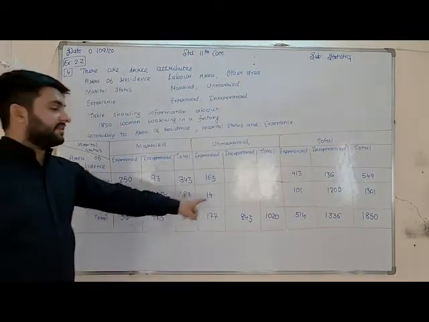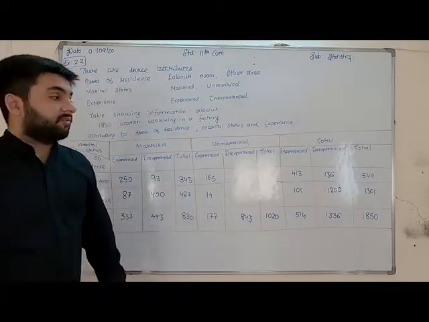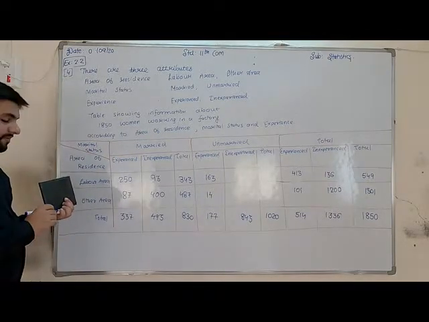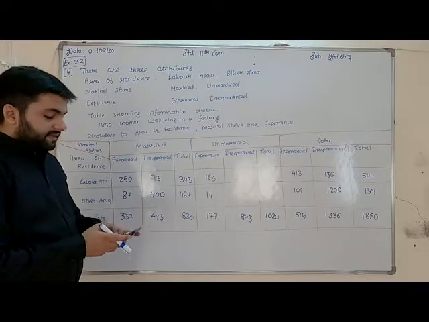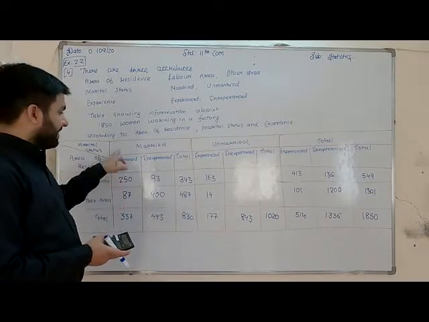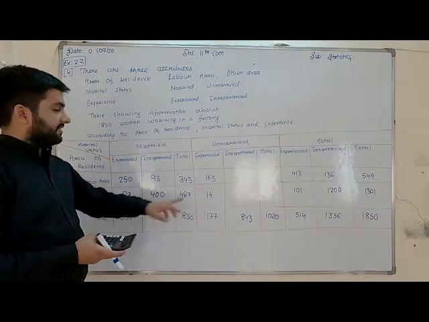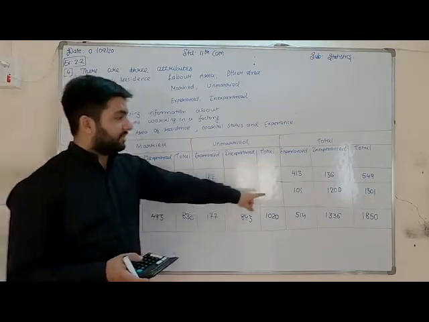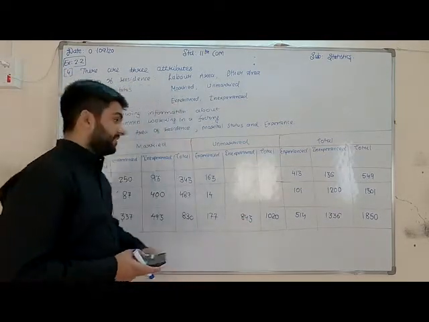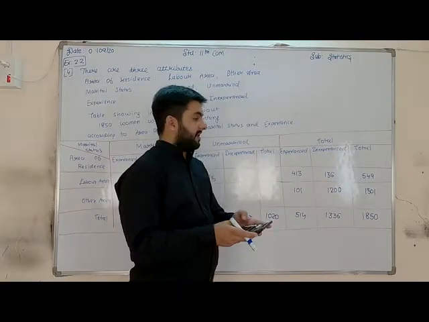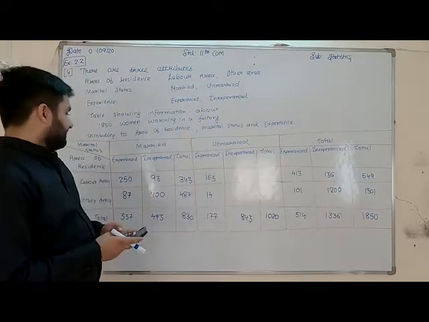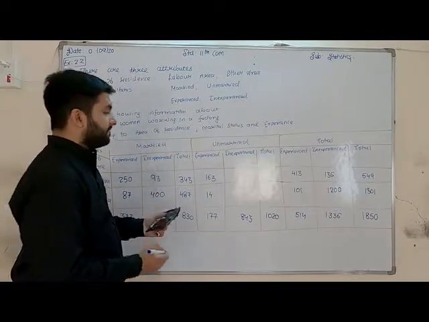Now the remaining things are only 4 columns. Now these 4 columns, how can they be found? They can be found in many ways, but a simple logic we will use. 250 are experienced married, 163 are experienced unmarried, so total 413 there are total experience. In the same way, total inexperience from the labor area were 136 and in that married are 93, so unmarried will be 43.